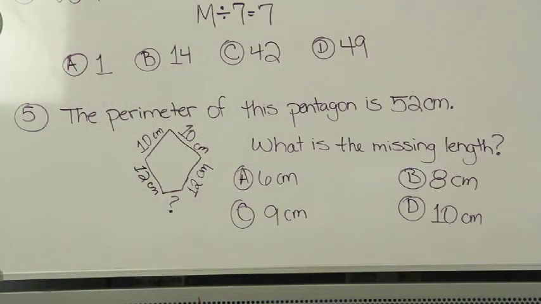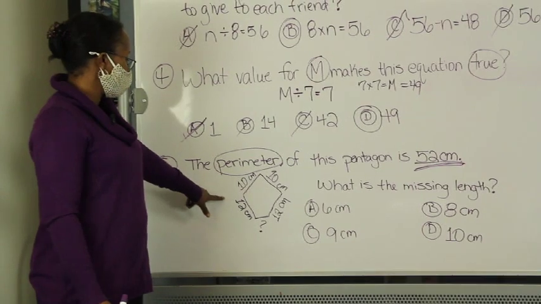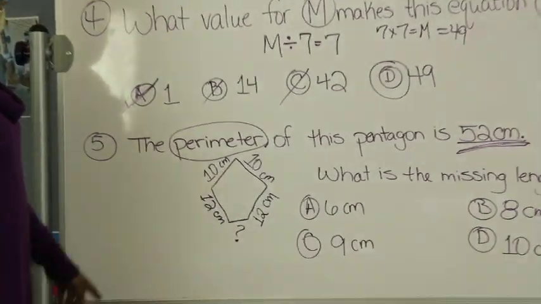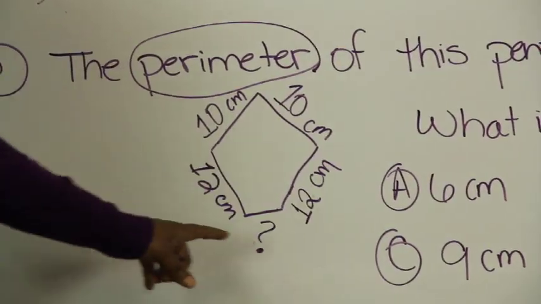The perimeter, I'm going to go ahead and circle that. The perimeter of this pentagon is, and they gave us the answer to the perimeter, 52 centimeters. Okay? Now, here's the chance for you to look at the diagram down here and see what the pentagon looks like. And what they've done is they've put all the measurements on.